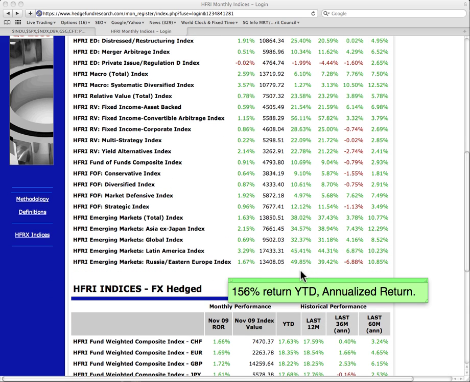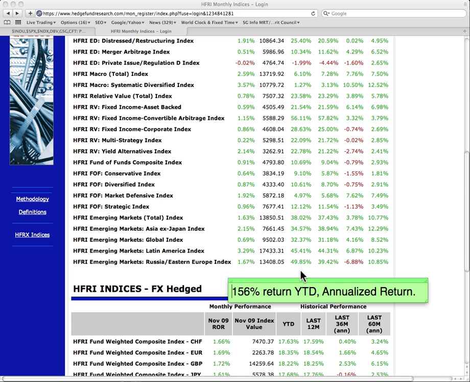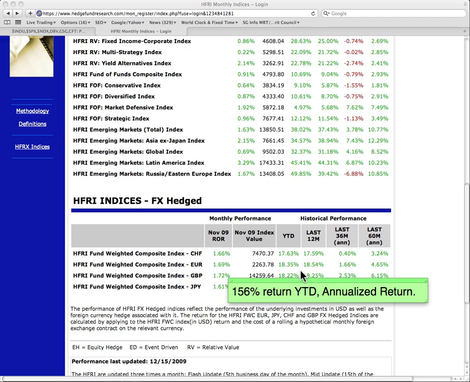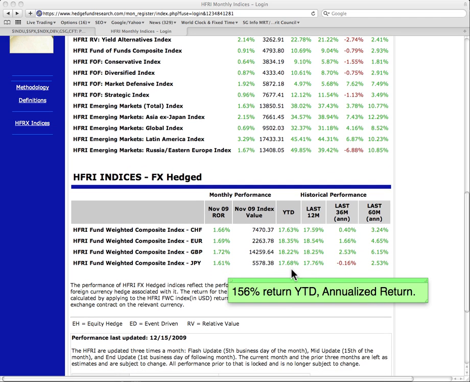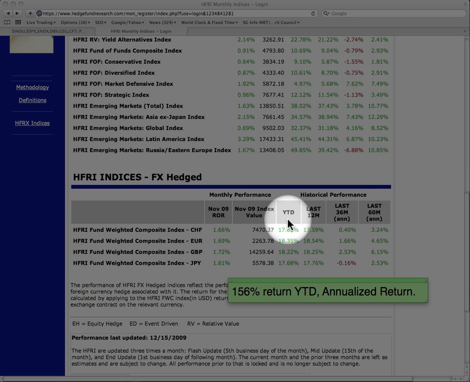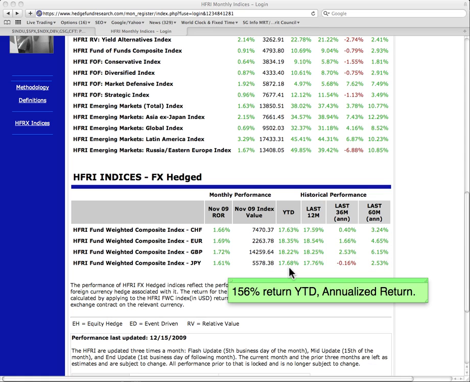the humble retail portfolio structured in the study room with its 156% year-to-date gain has beaten institutional hedge funds across all the different asset classes, including hedged currency funds.